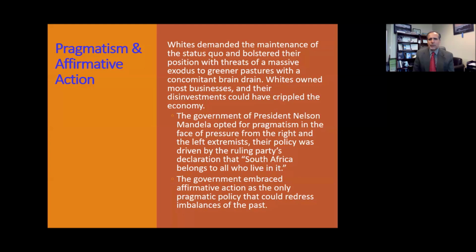As we know from the history of South Africa, the white population demanded the maintenance of the status quo and bolstered their position with threats of a massive exodus to greener pastures with a concomitant brain drain. Whites owned most businesses, and their divestments could have crippled the South African economy.